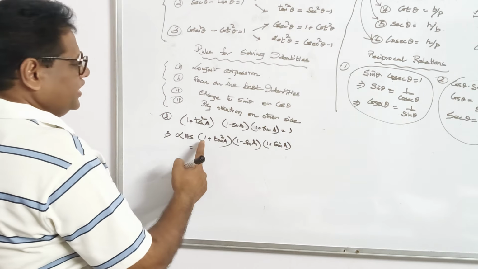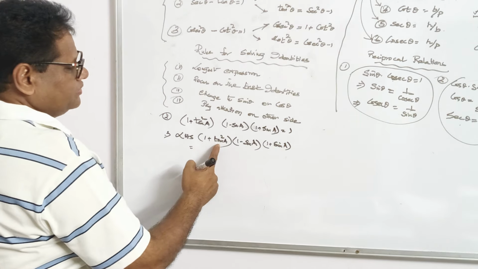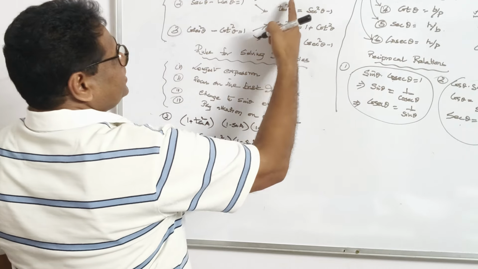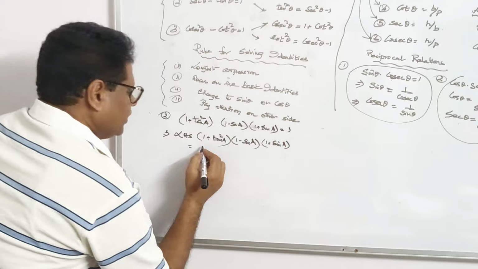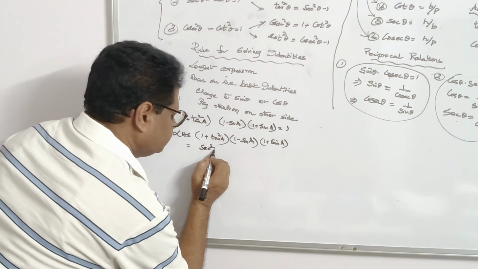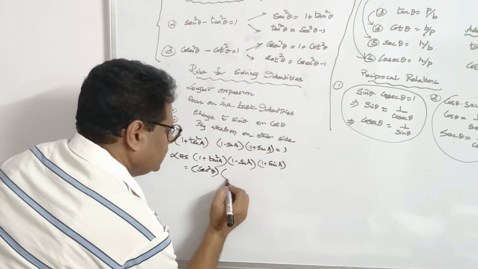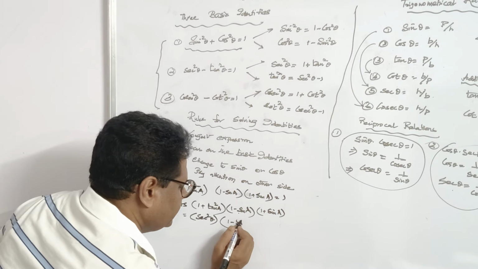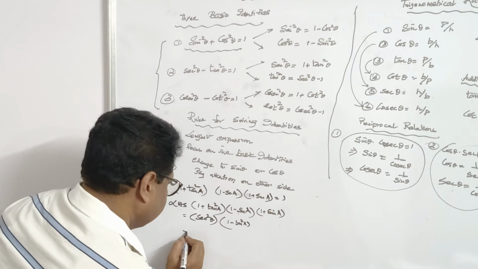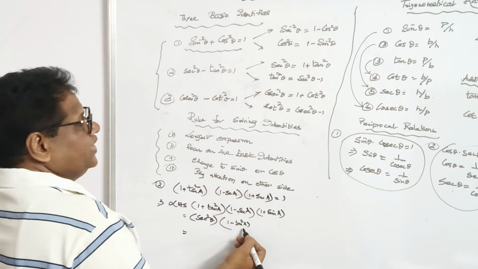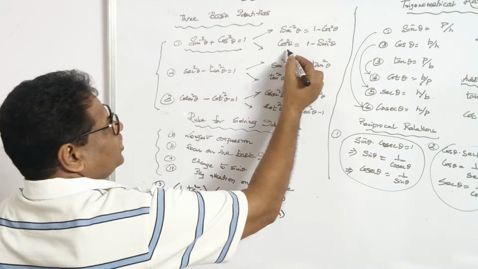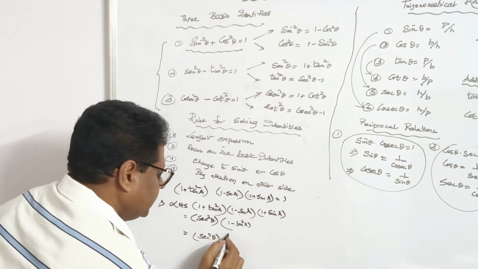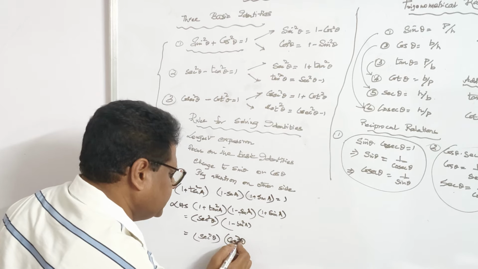There is 1 plus tan square A, and you have seen that 1 plus tan square theta is sec square theta. So can we replace this as sec square theta? And (1 - sin A)(1 + sin A) is 1 - sin square A, which is cos square A. So can we replace it as sec square theta into cos square theta?